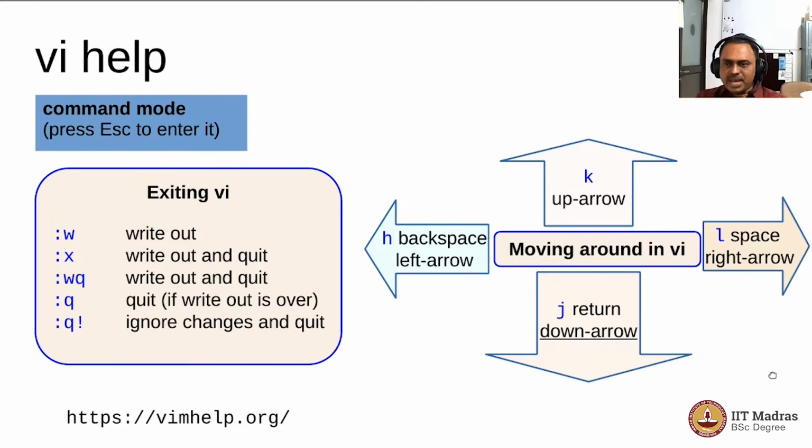Similarly, if you press the space bar in the insert mode, it will insert a space, but in the command mode, it would take the cursor to the right. So watch out that what you press will be interpreted differently depending upon which mode you are in, and by default you are in the command mode, and you have to always watch out at the bottom of the screen whether you are in the insert mode or in the command mode.